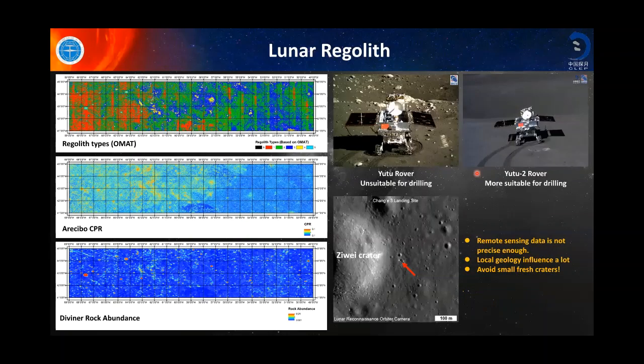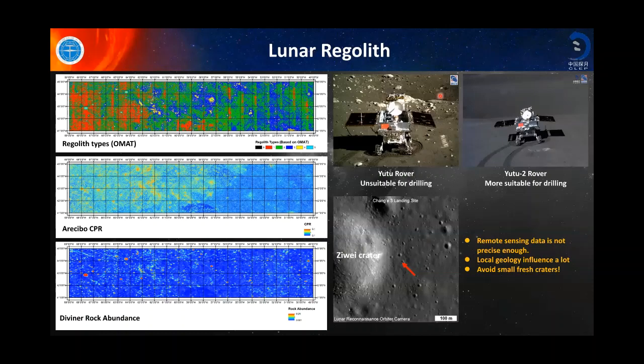For example, take the Chang'e-3 and Chang'e-4 landing sites. In the Chang'e-3 image data, you can directly see the rocks on the surface, so this place would be very hard to drill. But the Chang'e-4 landing region is much better.